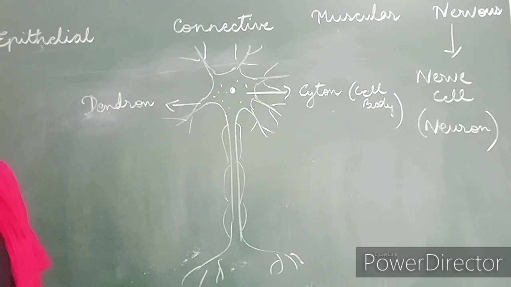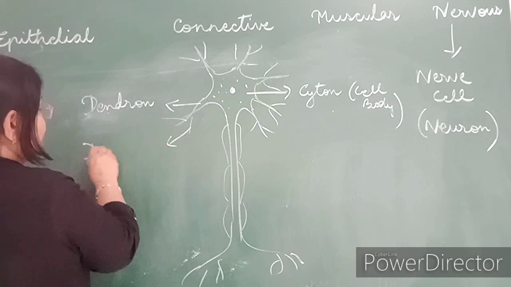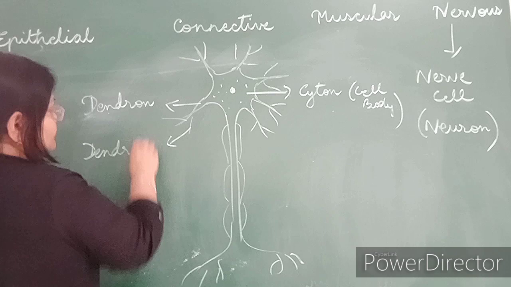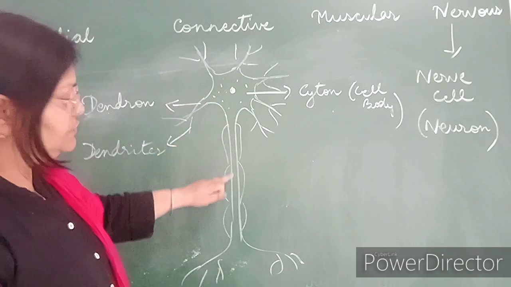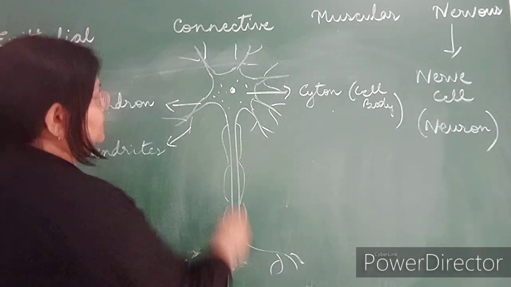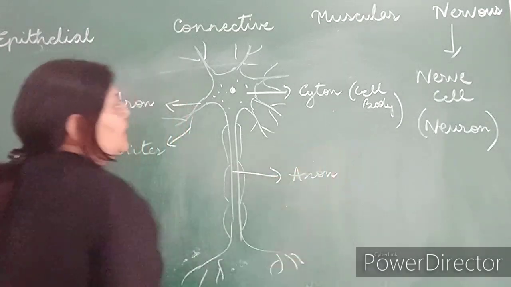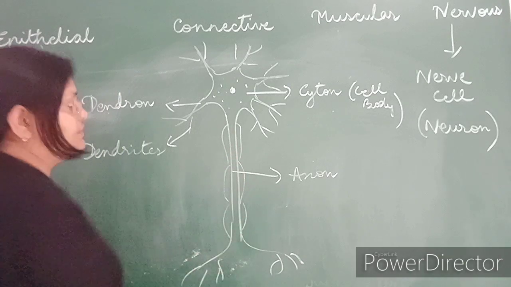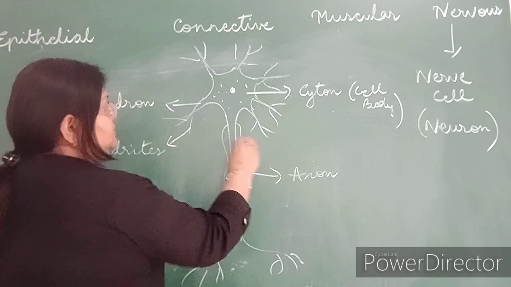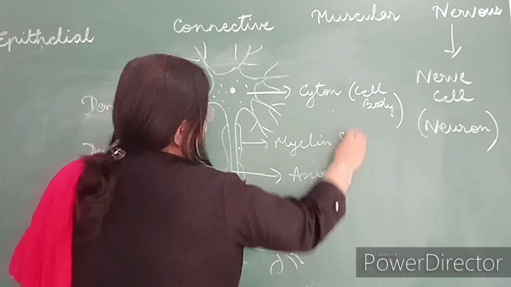The dendrons in turn branch to form dendrites. Now one of the dendrons continues downwards, which is called axon. The axon has a covering of myelin sheath.